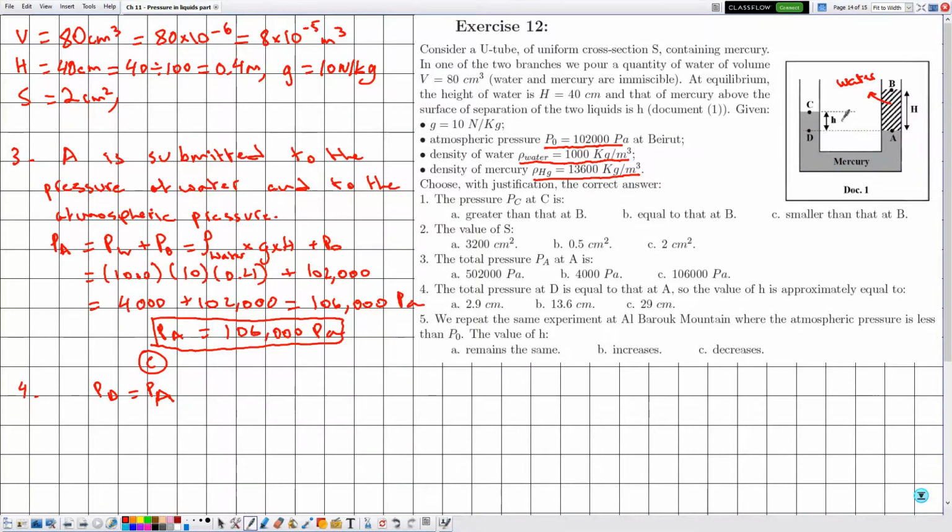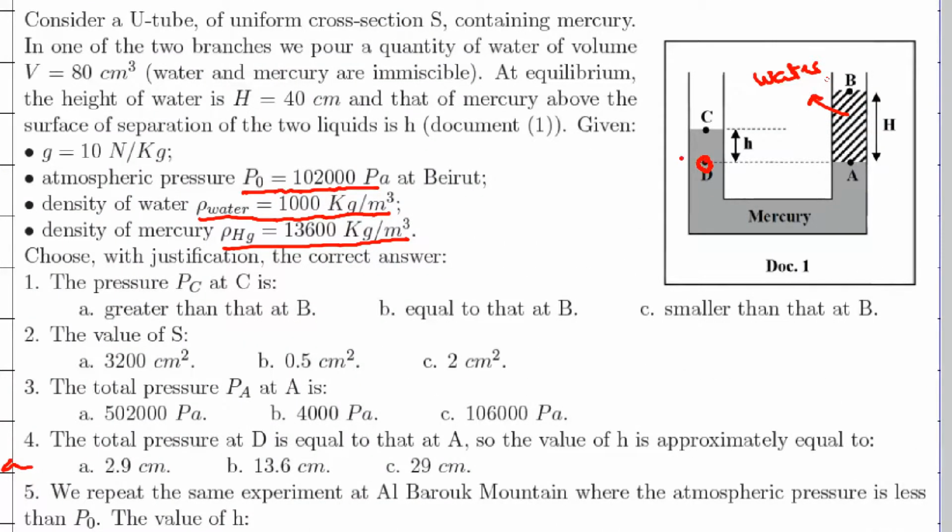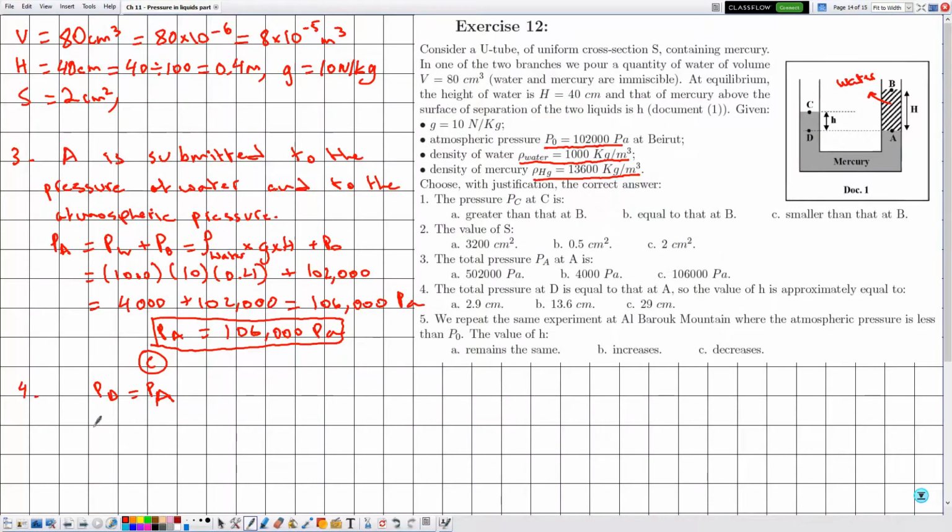Now, because we are interested in the pressure, let's consider the point D and look upward. So let's say that D is submitted to the pressure of mercury and to the atmospheric pressure.